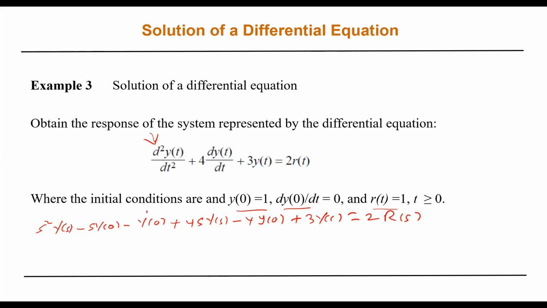Now, let me substitute for the initial condition. Any question here? This is simply applying the Laplace transform to the differential equation. So I'm transforming everything into the transform domain, into the S domain. And let me manipulate algebraically now.